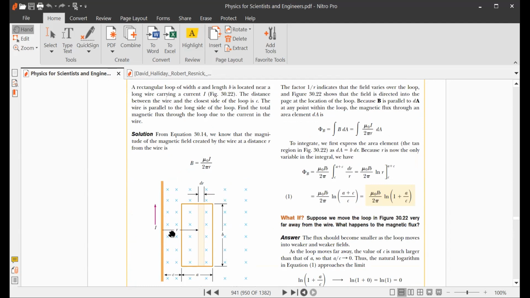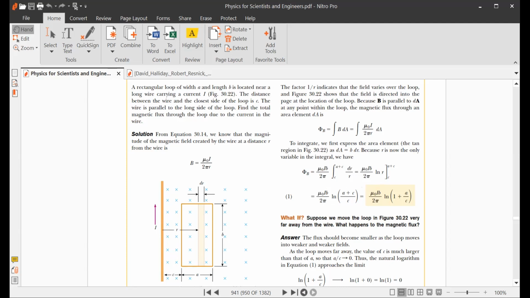We have B = μ0 I over 2πr, where r is the distance between the wire and a point in the rectangle. For that point, we can define the infinitesimal area of the rectangle, dA, which is b times dr. Then we can use the integral from c to a plus c.